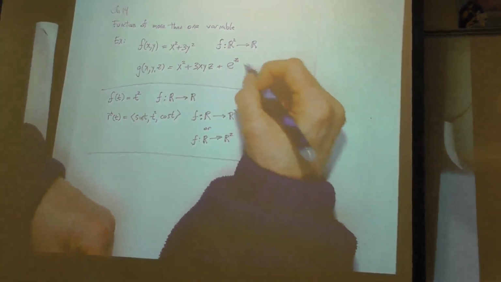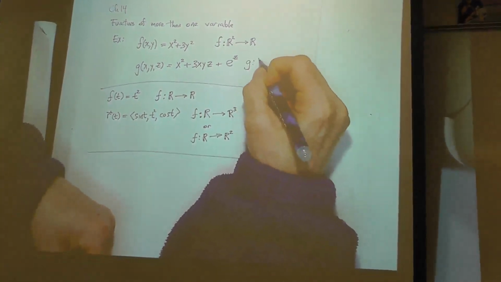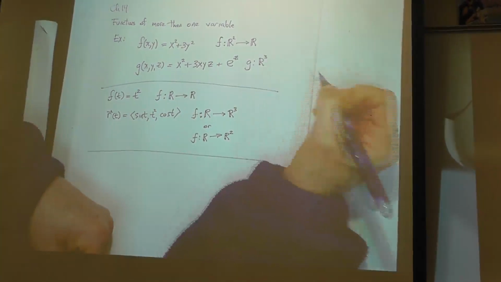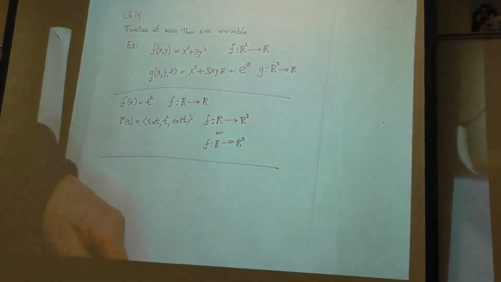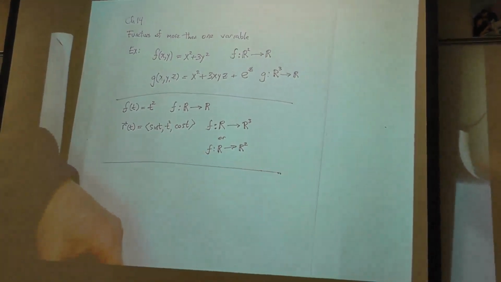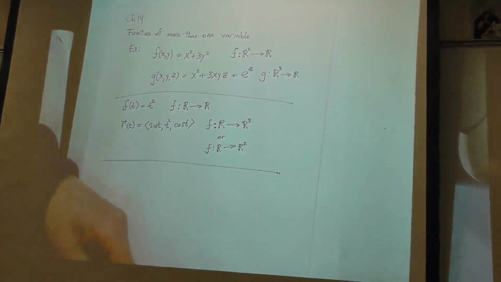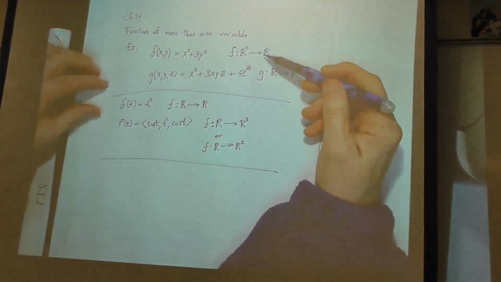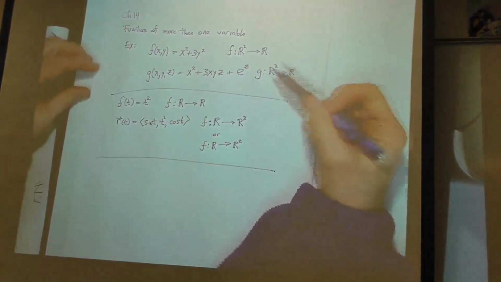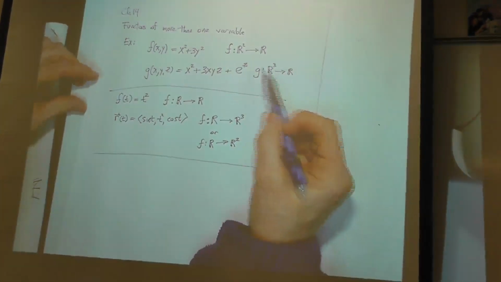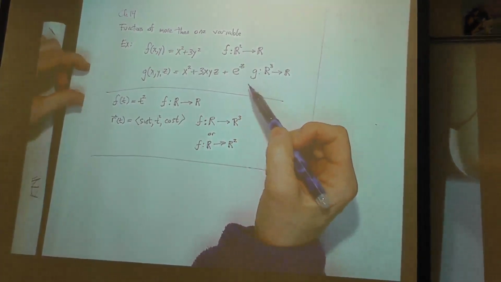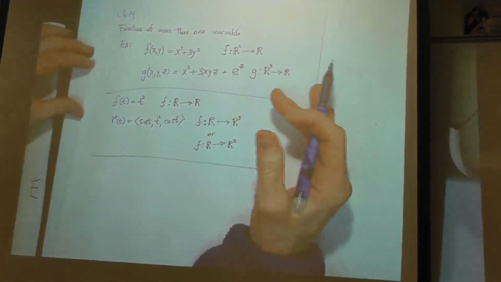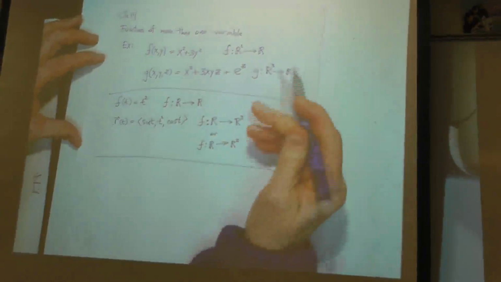Or the example down below of G, which is taking an ordered 3-tuple and mapping it to one-dimensional space. There are certain restrictions here. We don't deal with functions starting in 4 dimensions or 5 dimensions, etc. That's purely an artificial restriction. There's no need to stop at the 3 dimensions.